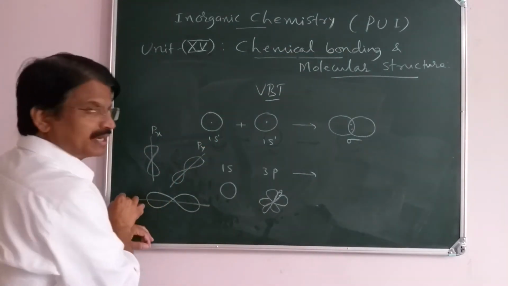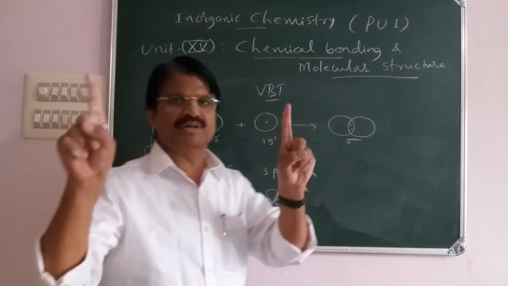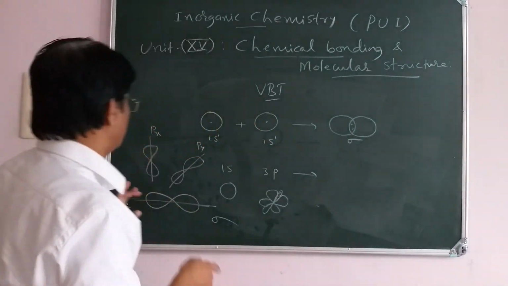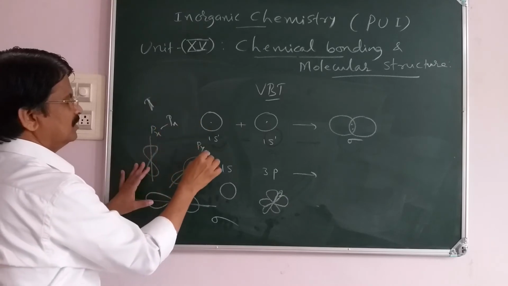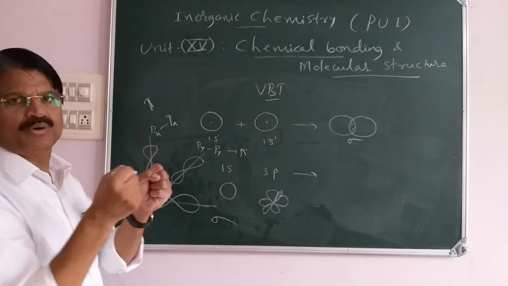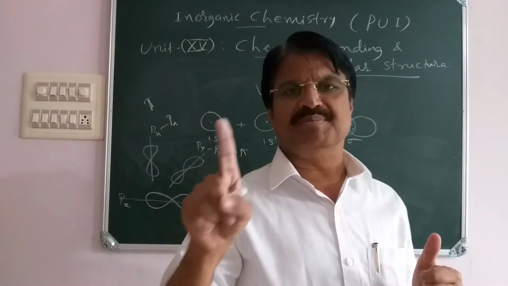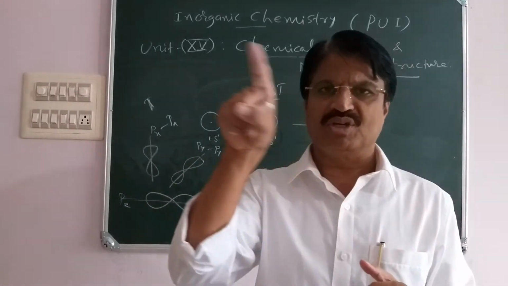If overlapping occurs along their axis, it can form a sigma bond, and if they overlap laterally or sideways, they can form a pi bond. Therefore, px can form a pi bond, py can form a pi bond. Py overlap or px overlap can cause formation of a pi bond, but pz overlap can form a sigma bond.